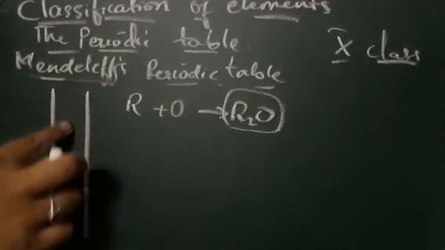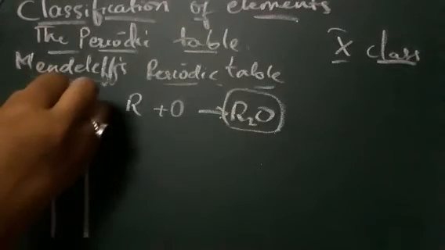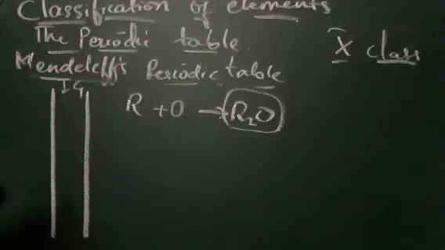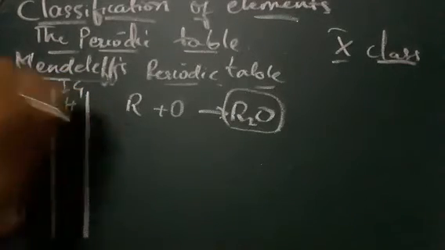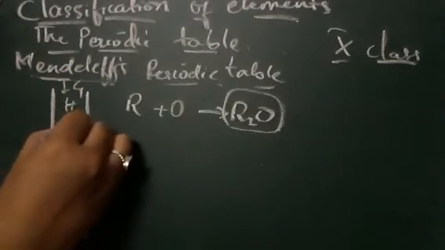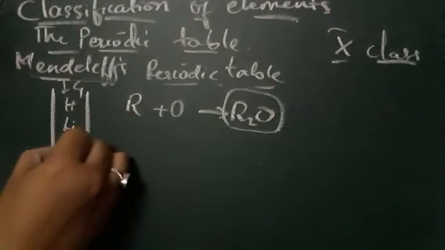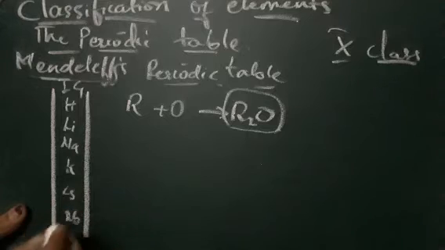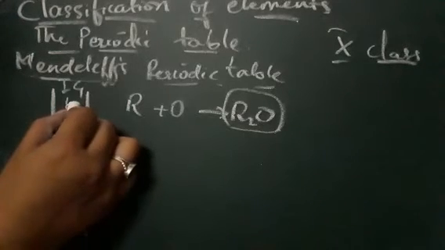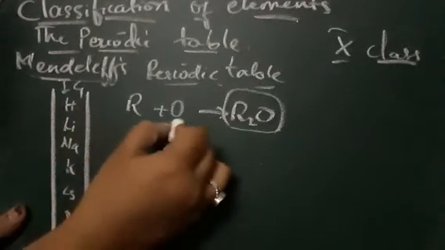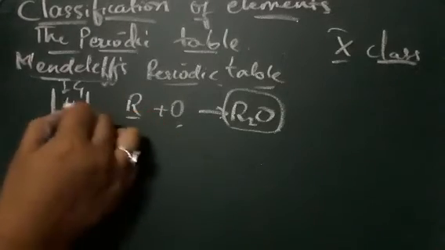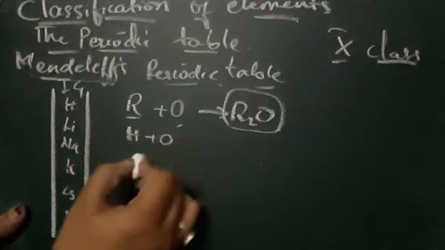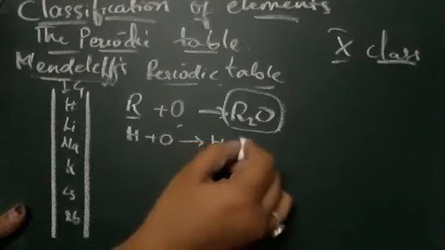Any element present in this group, for example in the first group, we have hydrogen, lithium, sodium, potassium, rubidium, cesium. If hydrogen, in place of R, reacts with oxygen, it will give H2O.